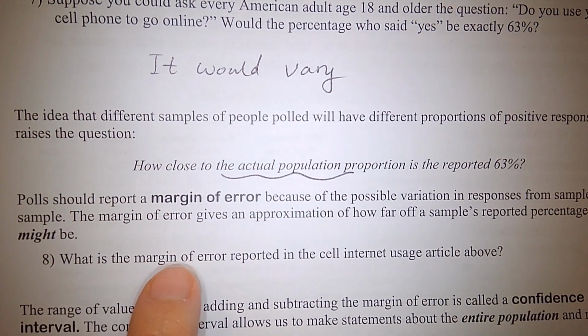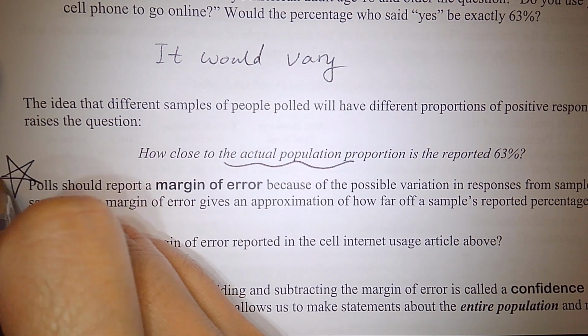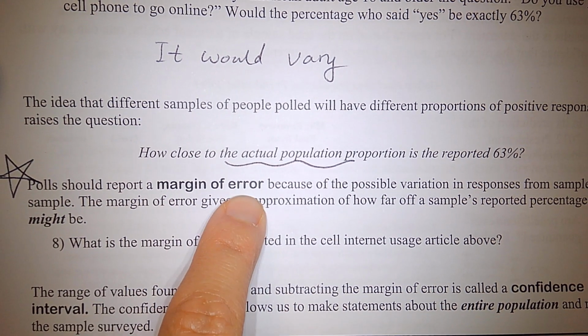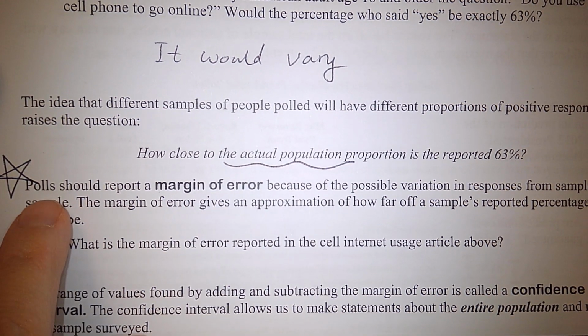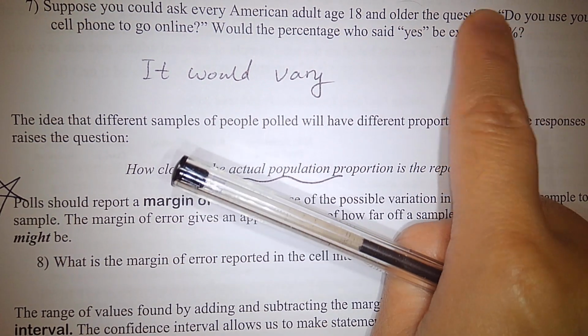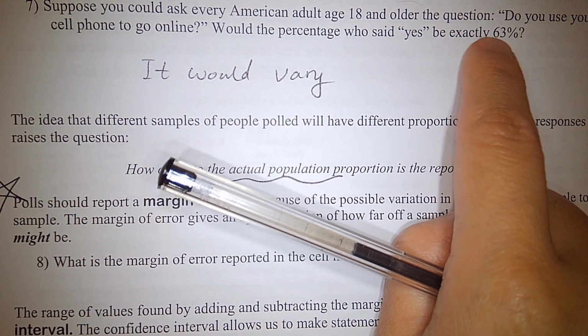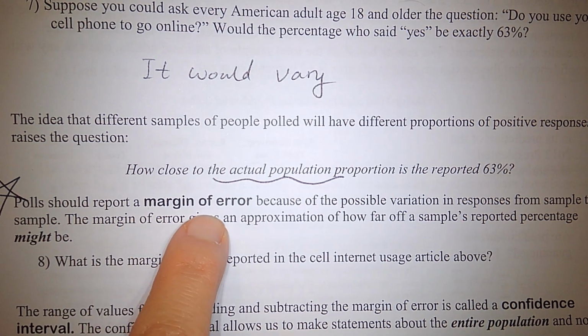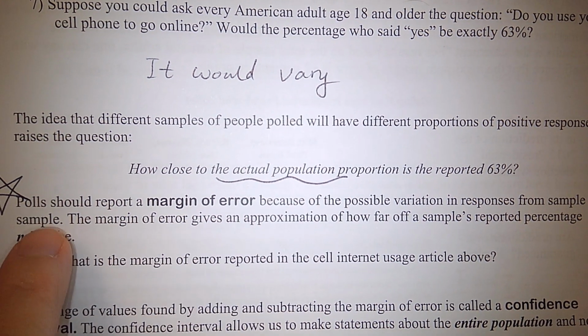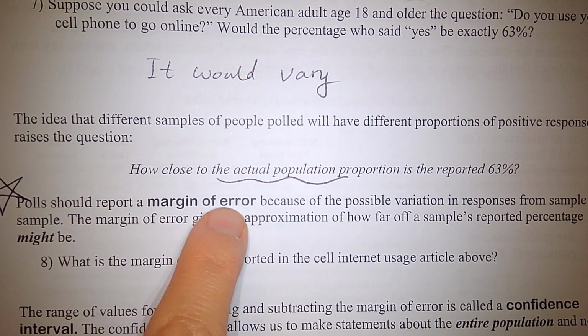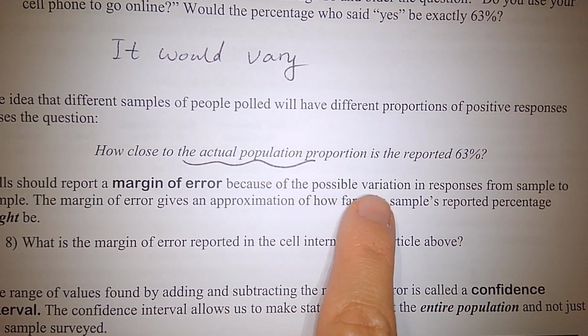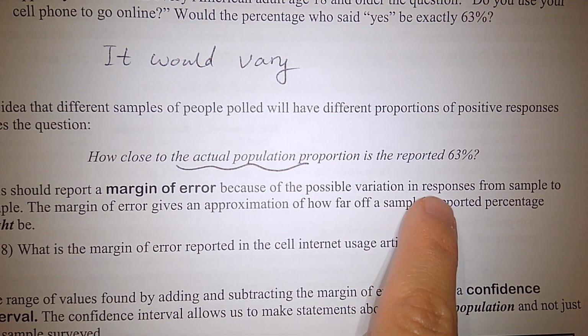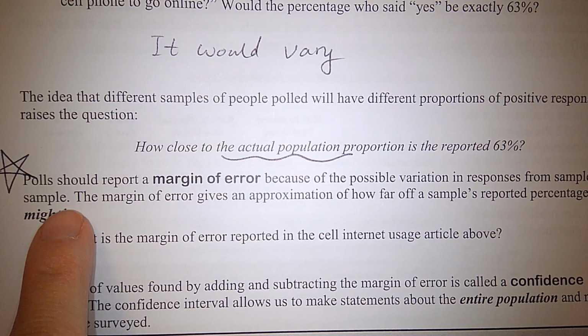So that's the reason why we have to learn the margin of error. Because not every time does the same size of sample give us 63%, there must be some margin of error. Polls should report a margin of error because of the possible variation in responses from sample to sample.